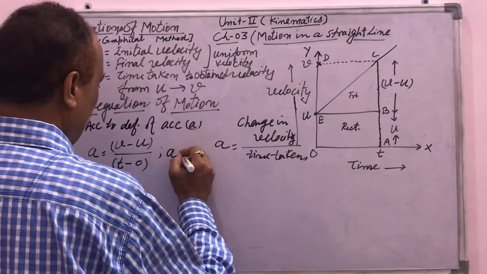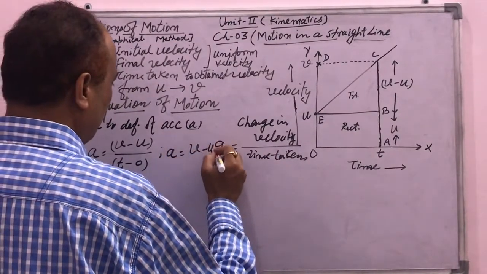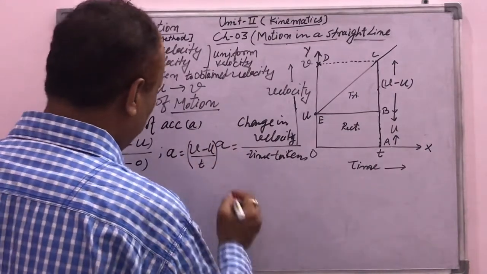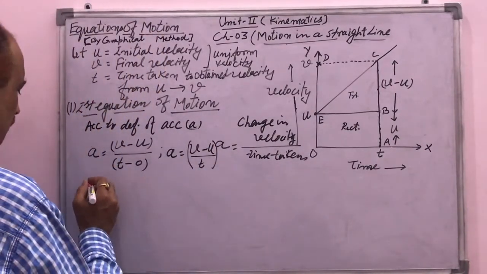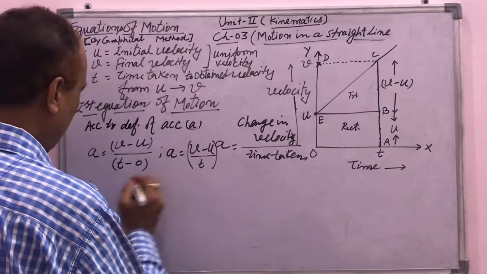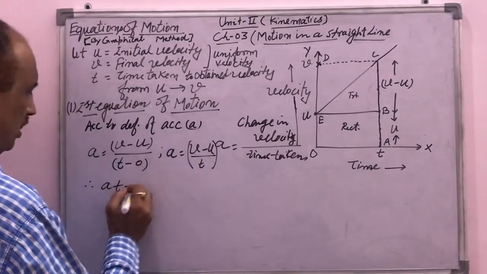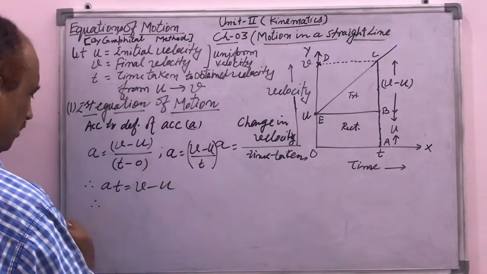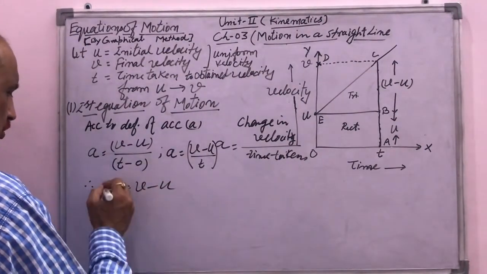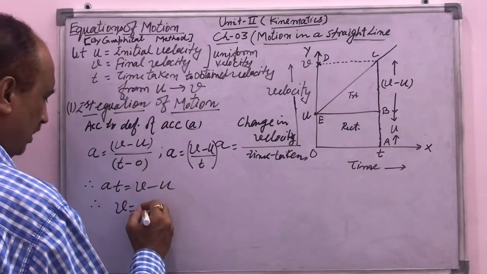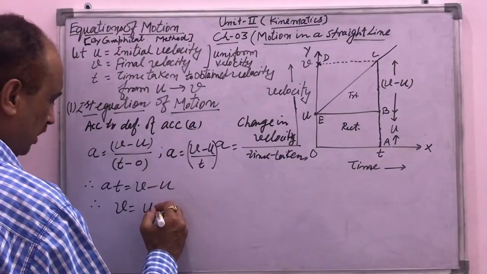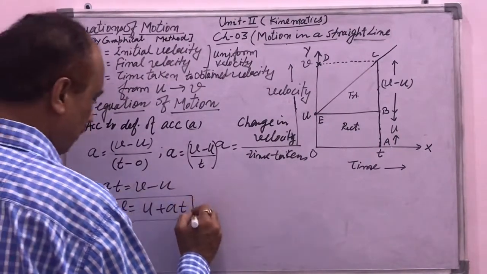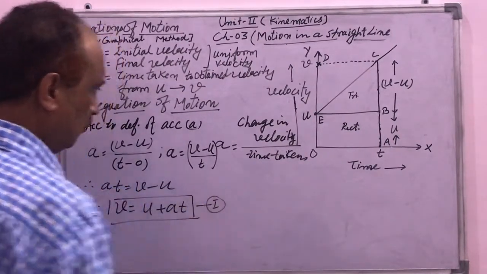So acceleration a will be equal to v minus u upon t, and if we cross multiply, we get a into t, that is at, equal to v minus u, and the equation can be written as v equal to u plus at. So this is the first equation of motion.